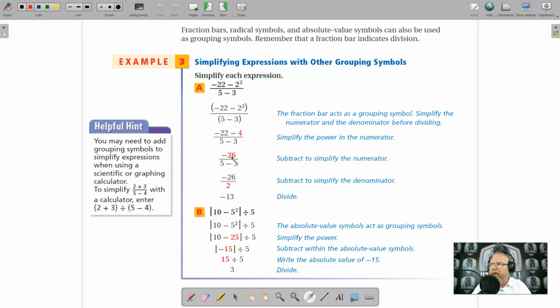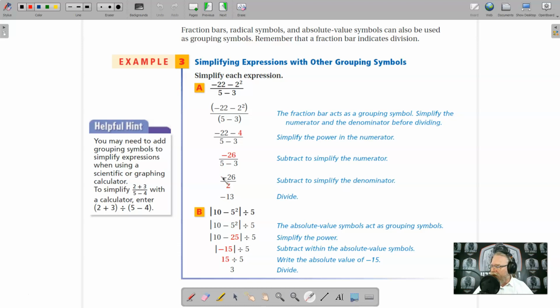Negative 22 minus 4 is a negative 26. 5 minus 3, oh, they just brought that down. They just simplified the numerator. Now they simplify the denominator. 5 minus 3 is 2. Now we can do the division of negative 26 divided by 2. 26 divided by 2 is 13. And a negative divided by a positive is a negative. So we would have negative 13.